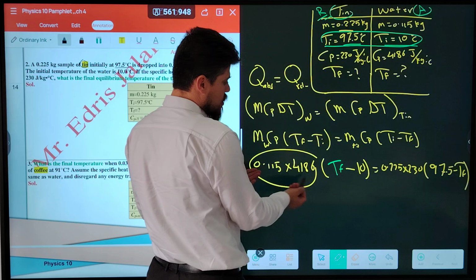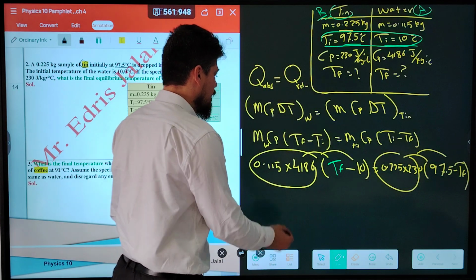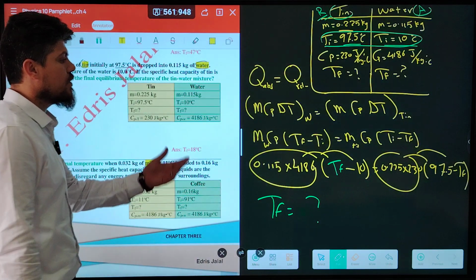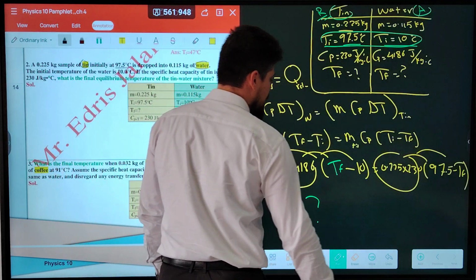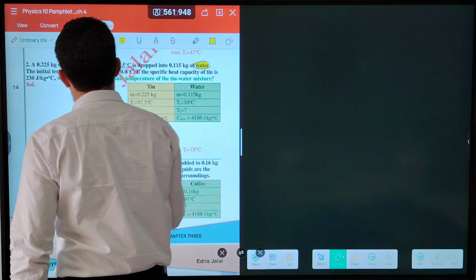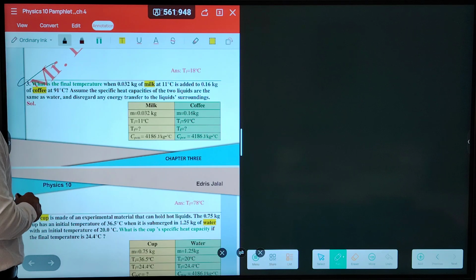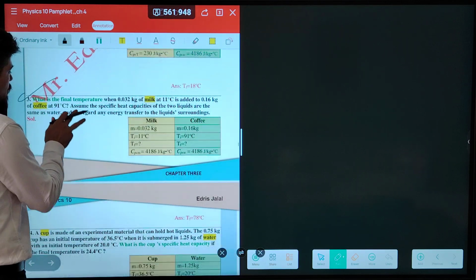So you have to multiply this to a number. After that, open the bracket. You have to do the same thing. Okay, you can find out T final, which is equal to something. Okay, it's very easy. Just calculate very accurately with your calculator, and you will get the final answer.